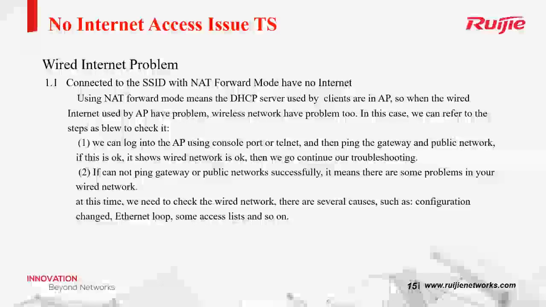If you cannot ping the gateway or public network successfully, it means there are some problems in your wired network. At this time, we need to check the wired network. There are several causes, such as configuration changes, an Ethernet loop, some access lists, and so on.